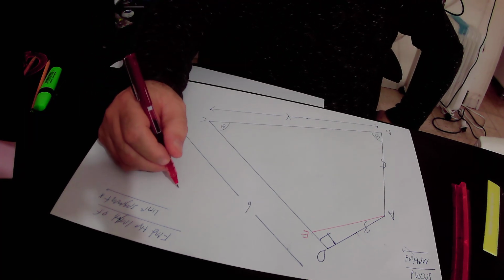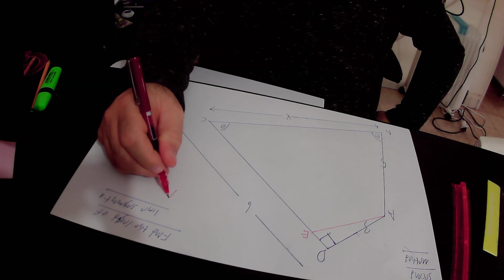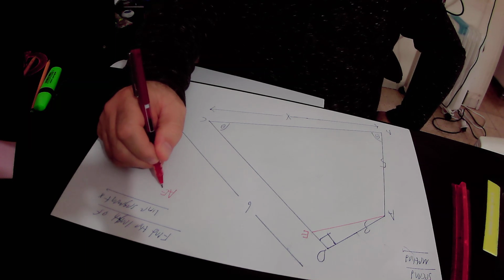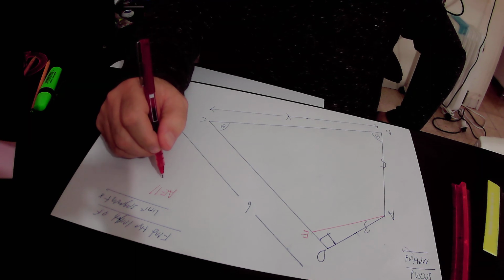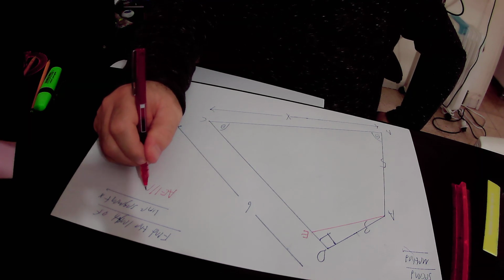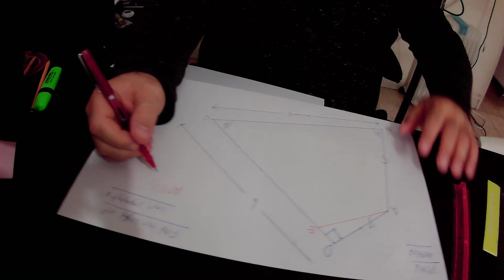I write it down that AE is parallel to BC according to our construction.